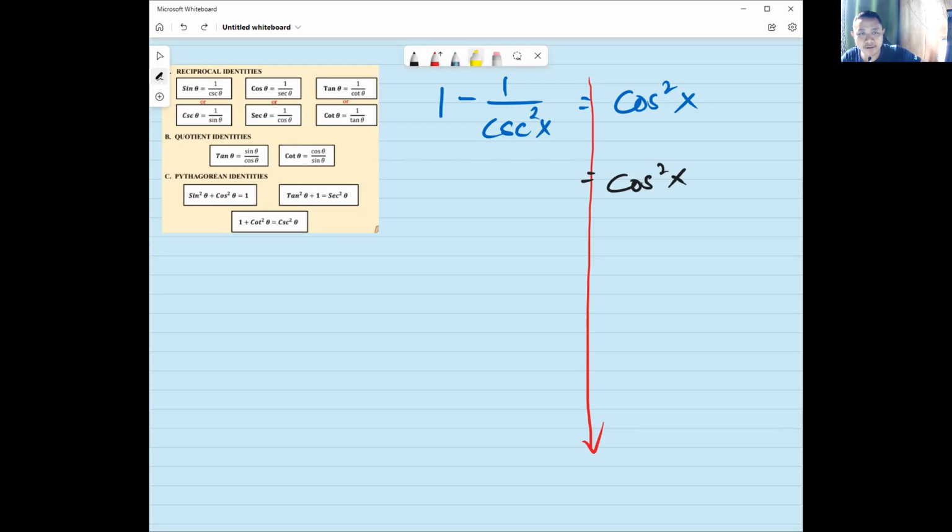Okay. So 1 over cosecant squared x is just the same with this. Yun. So we can make it 1 minus sine squared x. Naka-squared siya kasi squared yung given natin. Can you follow? And so now from here, we can already work on our Pythagorean identity.